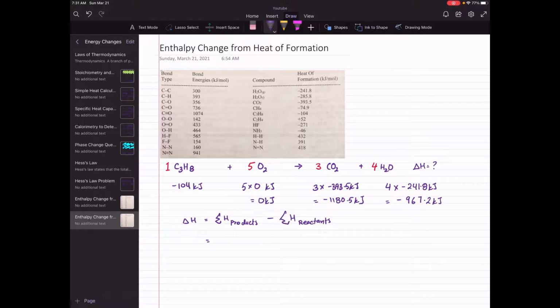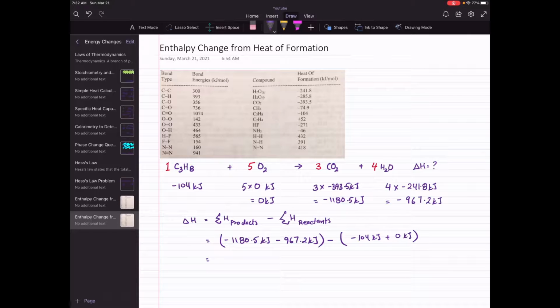So the products in this case are negative 1180.5 kilojoules of energy plus negative 967.2 kilojoules of energy, and then we are going to subtract the negative 104 kilojoules of energy plus 0 kilojoules of energy.